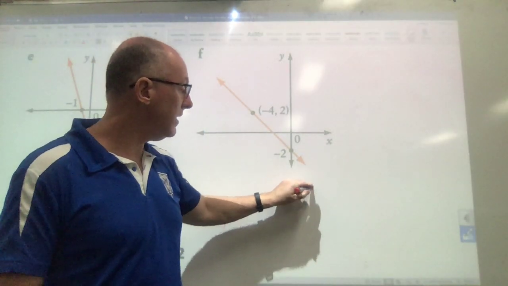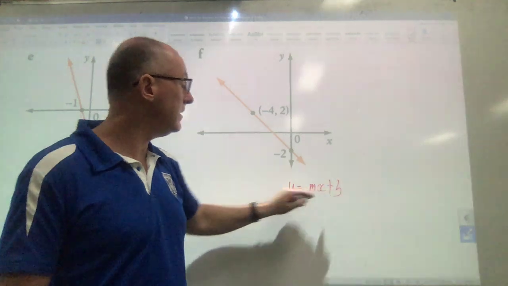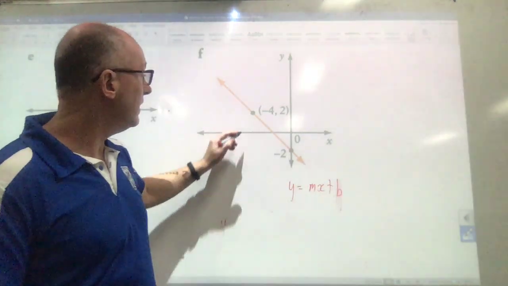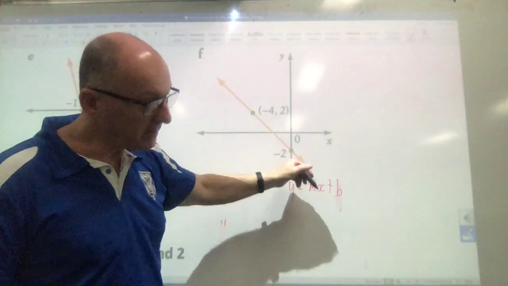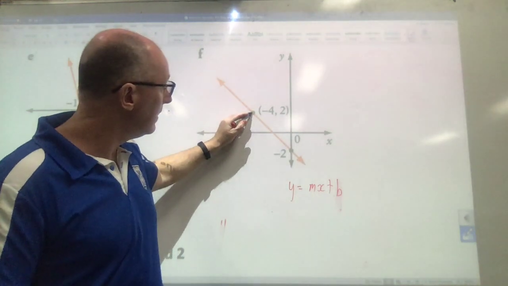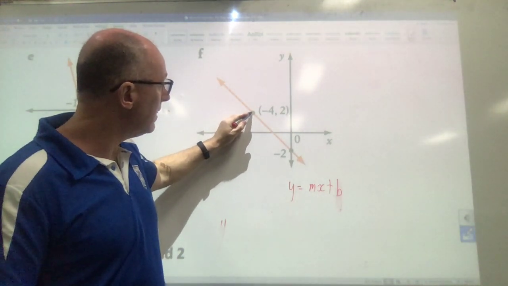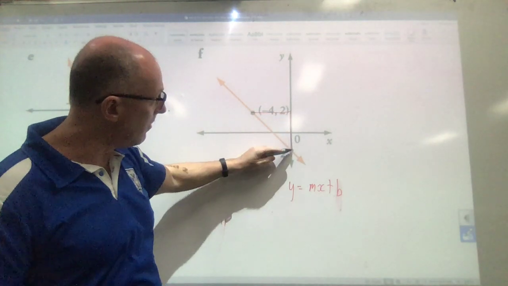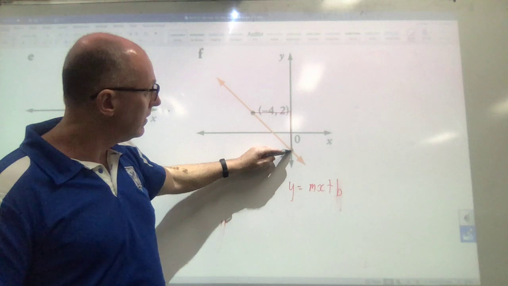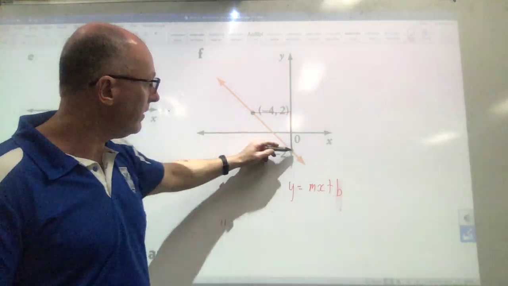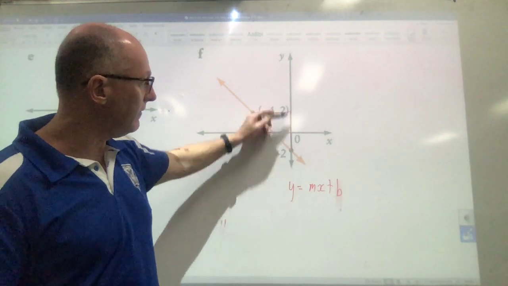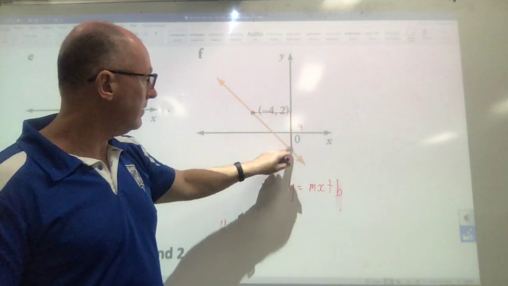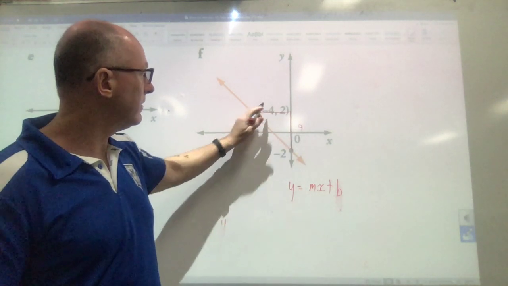y equals mx plus b. Very neat. Okay, so let's find the gradient. Remember the line is going down, so we have a negative gradient. Let's draw our triangle this way this time. Okay, the rise is gone from minus 2 to 2, so that's a difference of 4, and it's gone from 0 to minus 4, so that's a difference of 4.